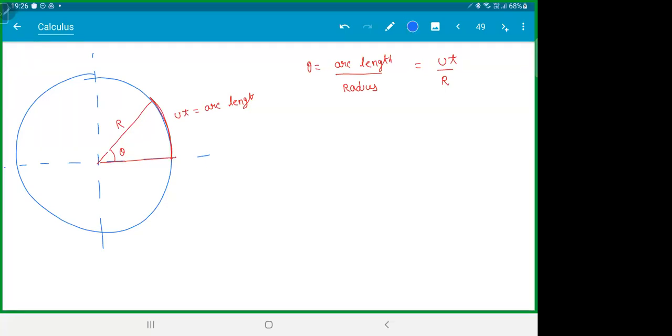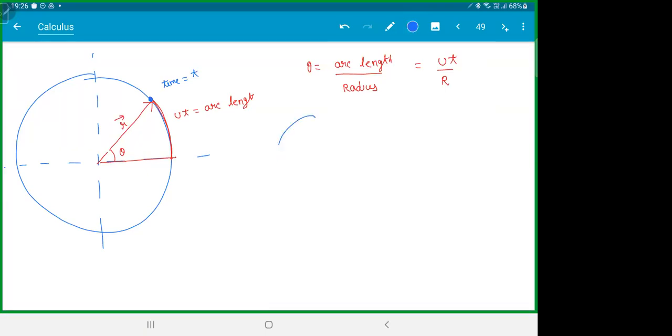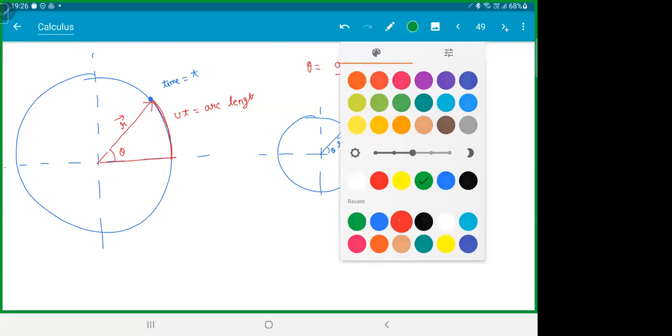Got it? So let's say after time t, you're here. This was your R bar vector. That means on this circle, when it is here, R bar, these coordinates will be R cos theta, comma R sin theta. I hope everyone is okay with that.